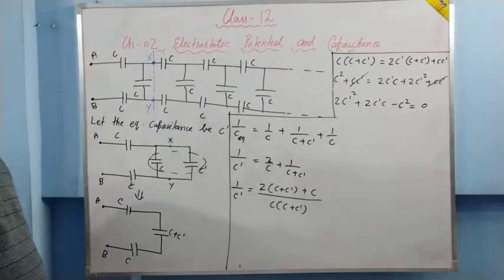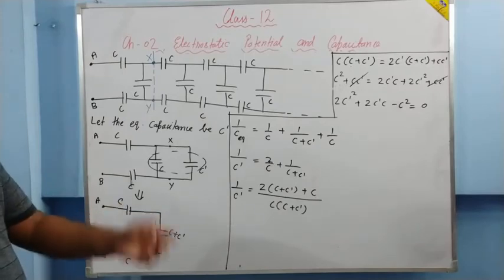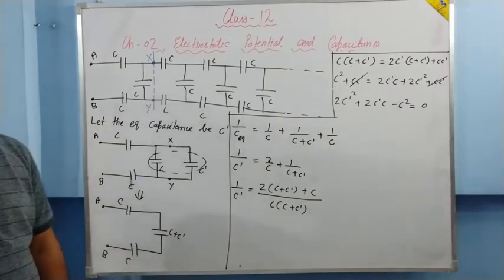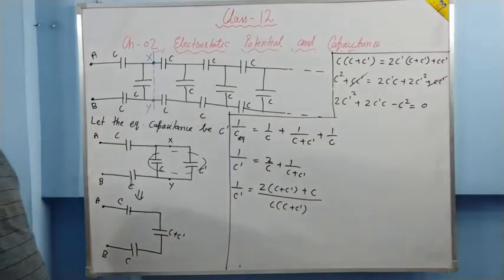Any doubt? Now we have a quadratic equation in C dash, and we have to solve it. How can we? Because factorization is not possible. What we are going to do is apply the Sridharacharya formula. What is the Sridharacharya formula?